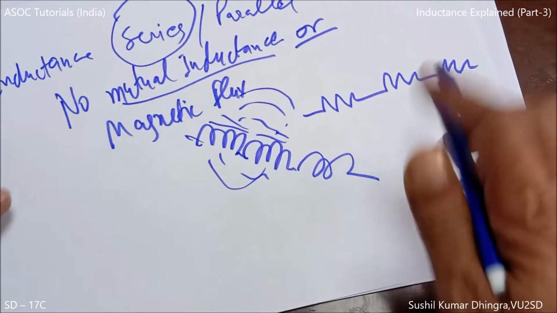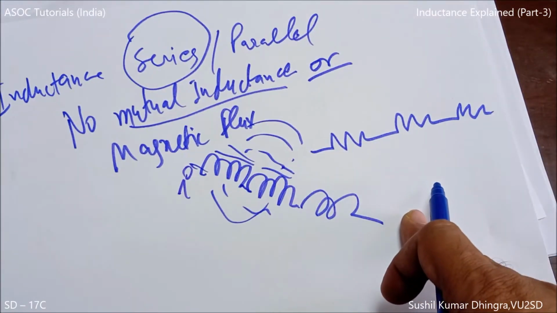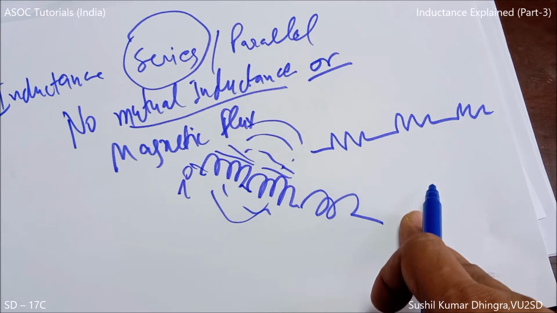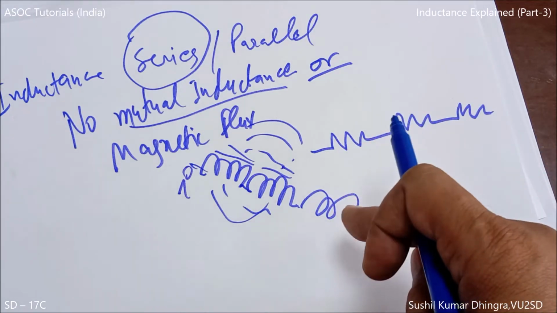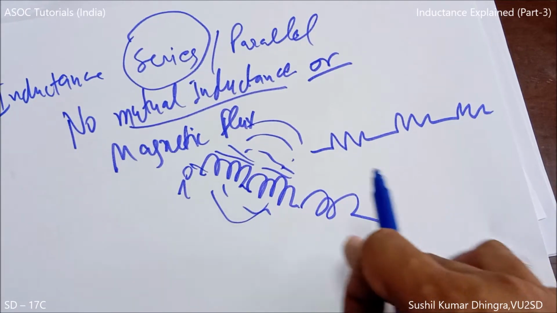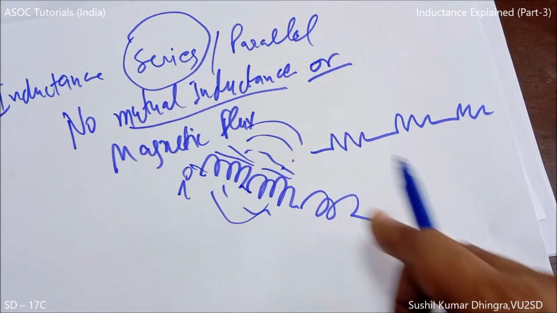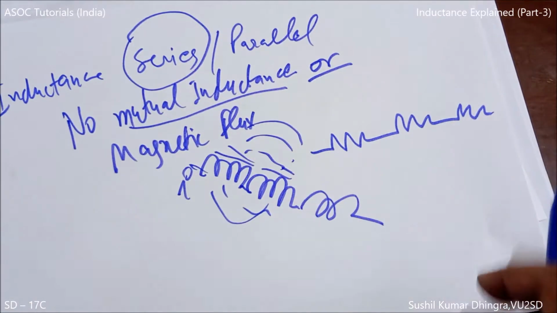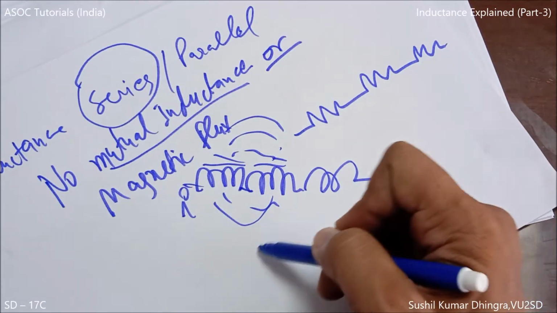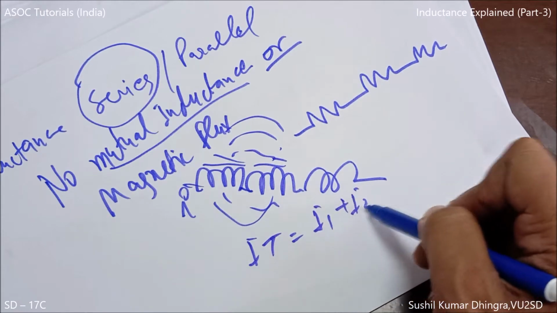The current I going through an inductor has no other way but to pass through the second inductor and third inductor and so on. Then series inductors have a common current going through. Just see the diagram. So I can say IT is equal to I1 plus I2 plus I3.